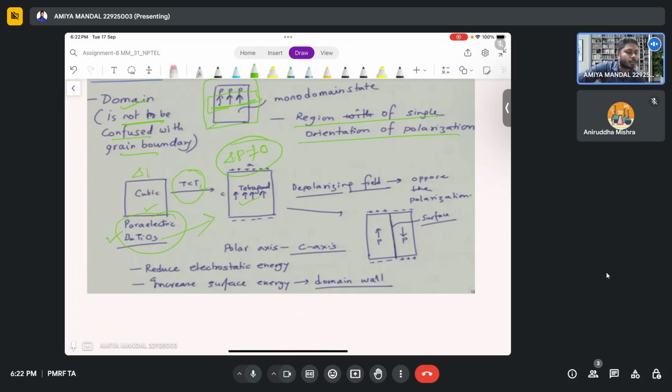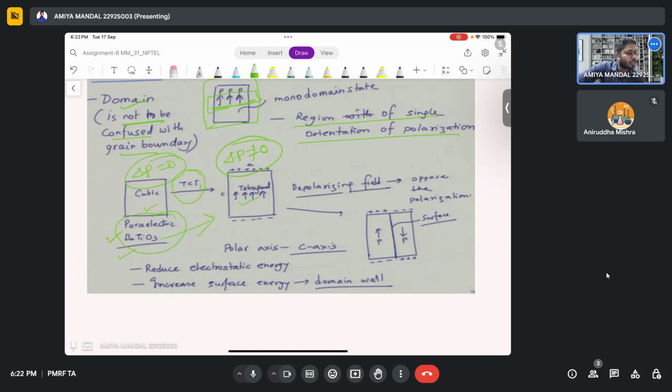But here, no polarization. This is a paraelectric state, the cubic phase. You already have learned this in the previous sections also. I have already discussed everything about phase transition at a particular temperature, how phase transition occurs, and how the paraelectric and ferroelectric phases are transferred.